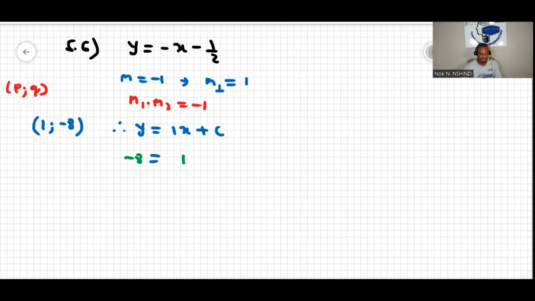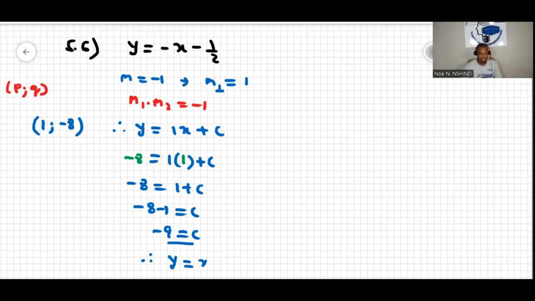So we have 1 times 1 plus c, and that makes -8 equal to 1 plus c. If you move the 1 over, that makes -8 minus 1, which is -9. So c is -9. Therefore, the line perpendicular to the symmetric line is y equal to x minus 9.